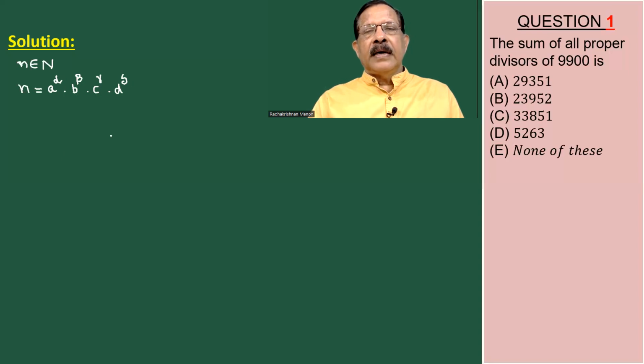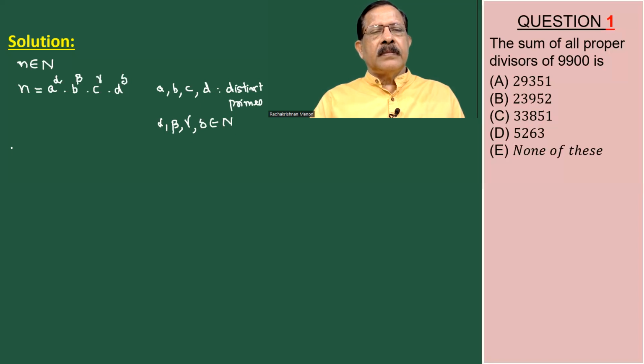Alpha, beta, gamma, delta belong to the set of natural numbers.